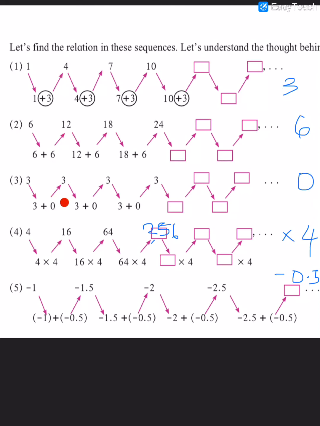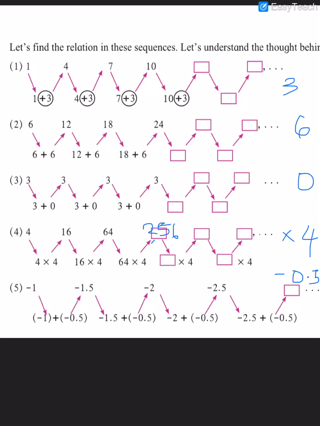So you can see that in questions 1, 2, 3, numbers are added to the sequence. To get the next term, a constant number is added to every term. In the first question 3 is added to every term, in the second question 6 is added, in the third question 0 is added, and in the last question a negative number, negative 0.5, is added to each term to get the next term.